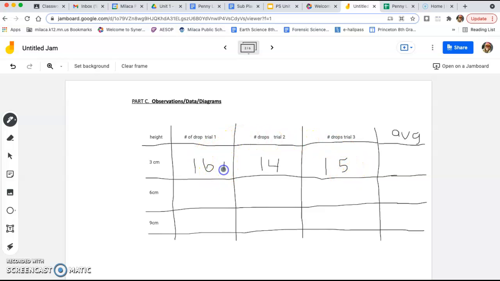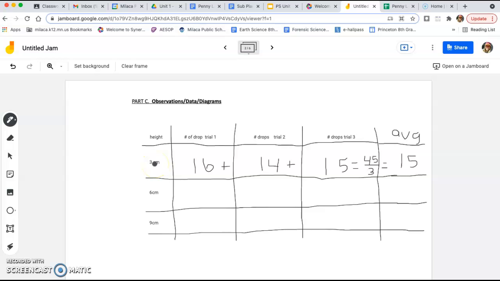So I'm literally going to do 16 plus 14 plus 15, and that, if I do the math, is going to give me 45. And then to find the average, I have to divide that number by the total number of trials, so 1, 2, 3. So 45 divided by 3 is going to give me the average of 15 drops at 3 centimeters.